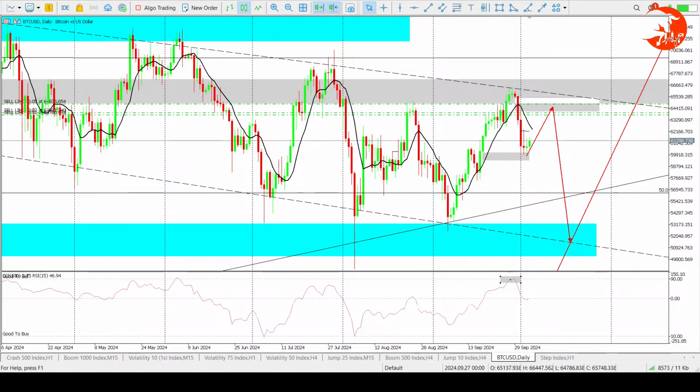On the indicator tab, you can see that price has gone to 90% of our RSI, which shows us that it is overbought. So if it is overbought, then we are looking for sales.